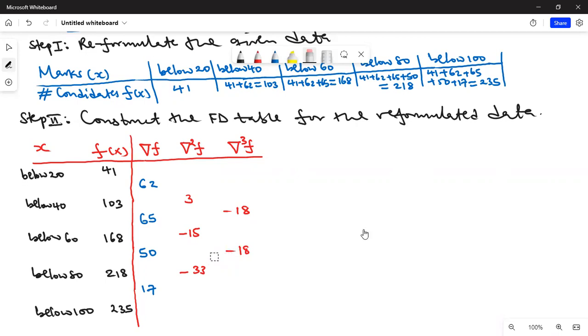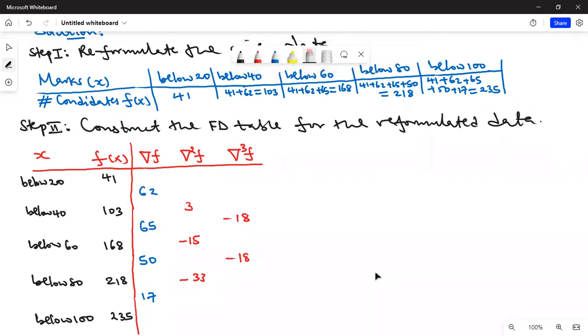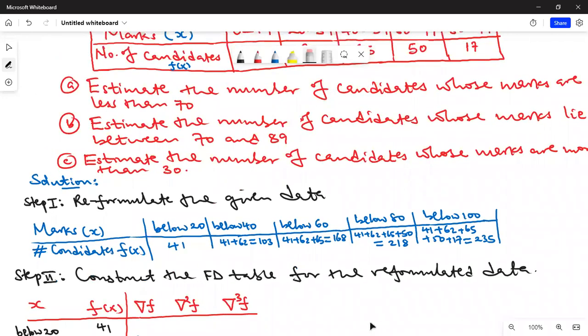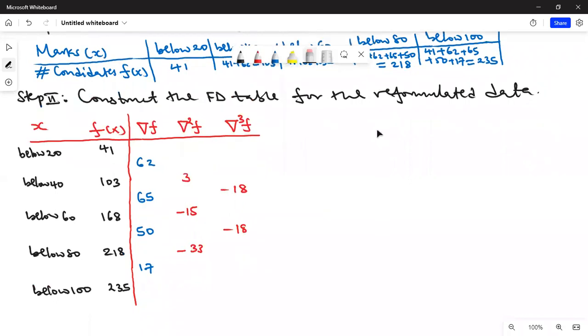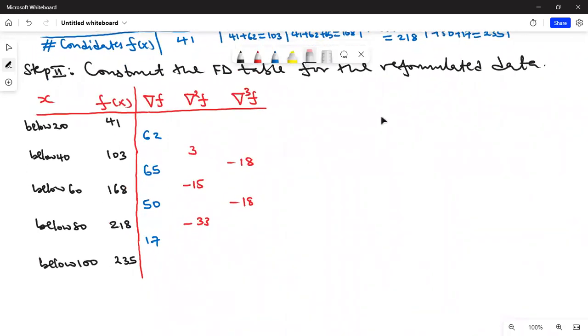In part A, let me take you back to the questions. We have to estimate the number of candidates whose marks are less than 70. Even before we answer the questions, since the values in the third order column are constants, it means our polynomial is of degree 3.